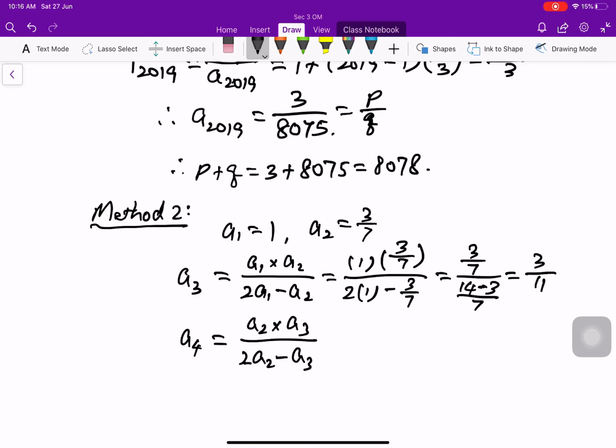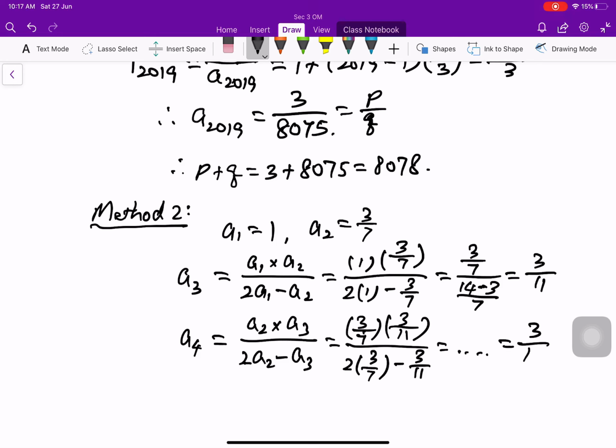Go through the same calculation: 3 over 7 multiplied by 3 over 11 divided by 2 times 3 over 7 minus 3 over 11. Simplify, and you should be able to get 3 over 15. Therefore, make a guess.